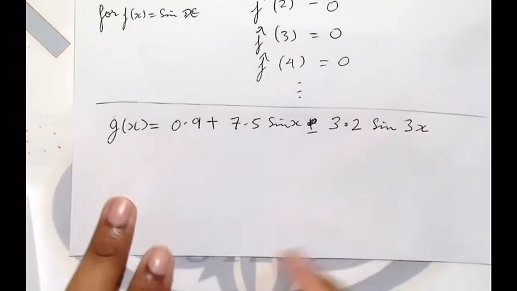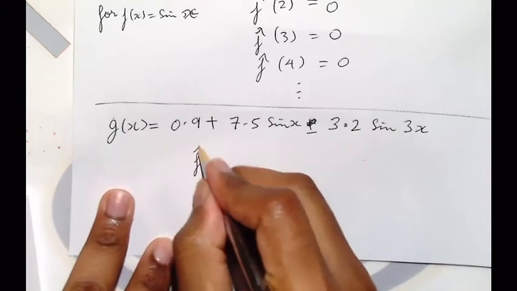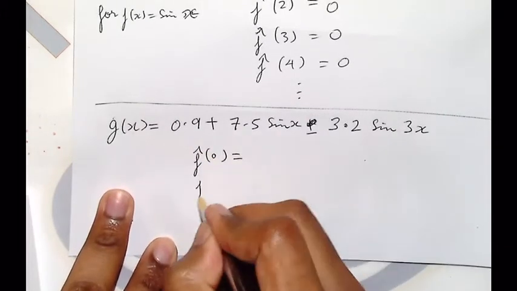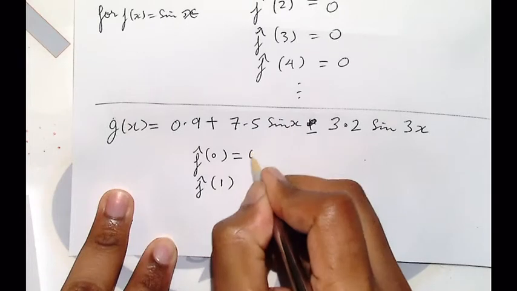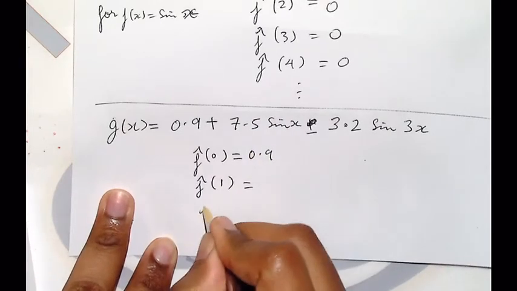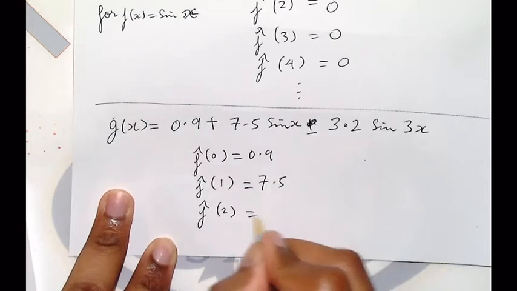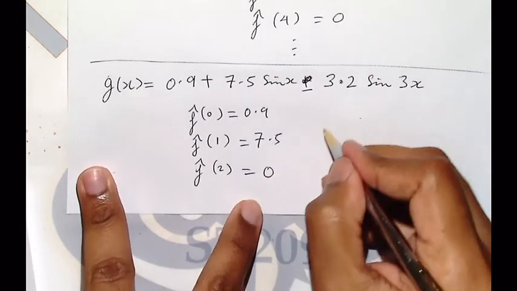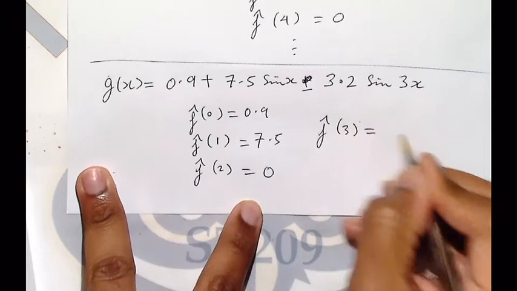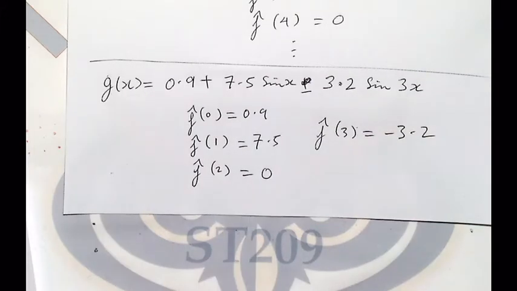Let's break this up very quickly. Let's say f hat of 0 is 0.9. F hat of 1 is 7.5. F hat of 2 is 0. F hat of 3 is minus 3.2. Make sense now? So that's basically what the Fourier transform does.